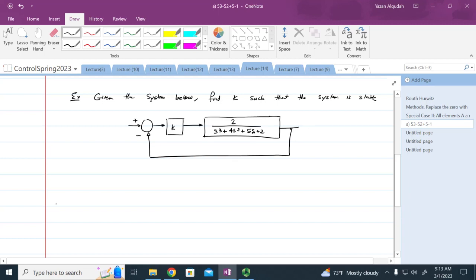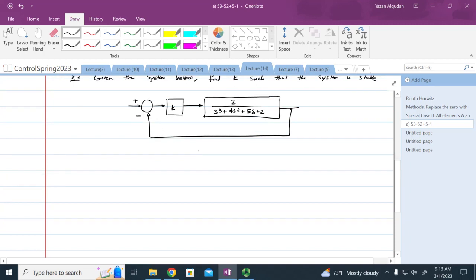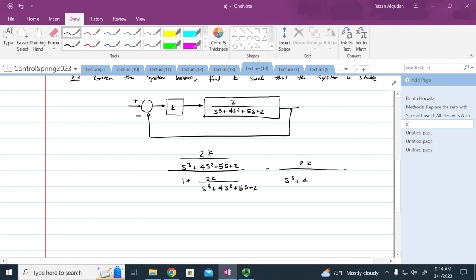Okay. So we're going to calculate the closed loop transfer function, which is going to equal 2k over s cubed plus 4s squared plus 5s plus 2 plus 2k.